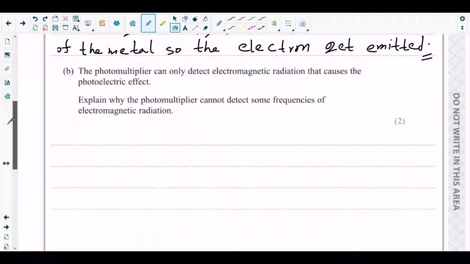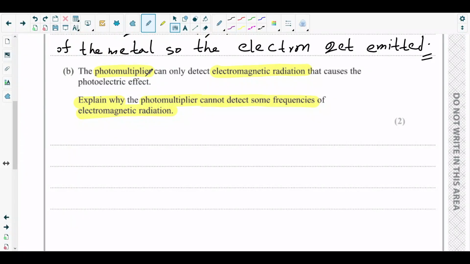In part B, the question says the photomultiplier can only detect electromagnetic radiation that causes the photoelectric effect. So the question is asking to explain why the photomultiplier cannot detect some frequencies of electromagnetic radiation.